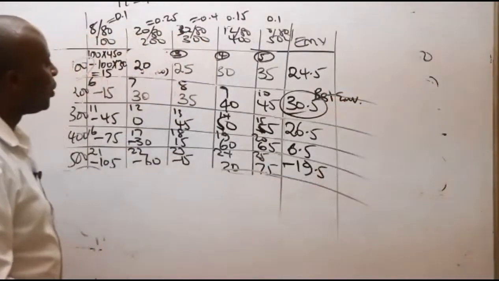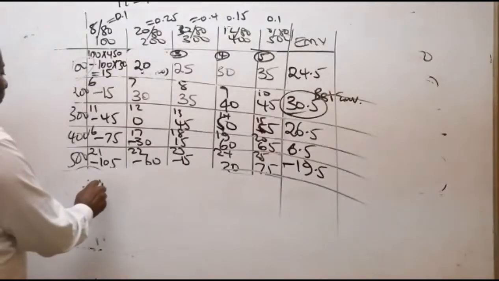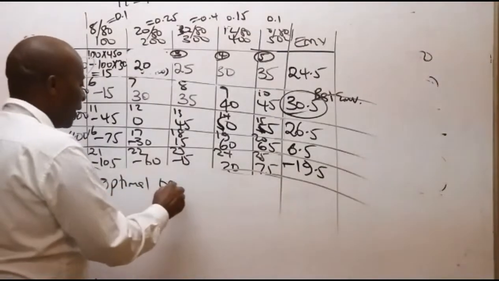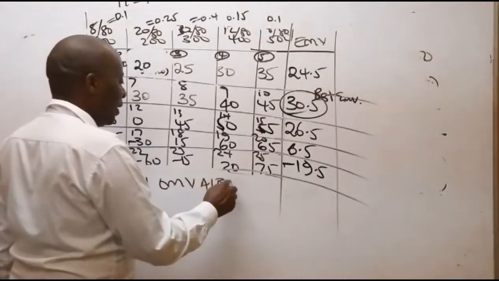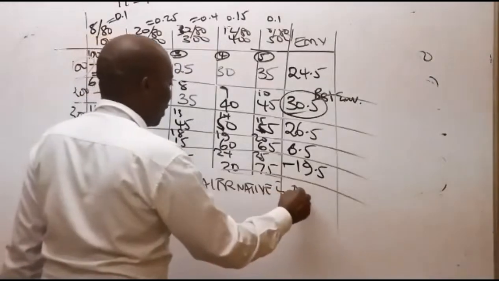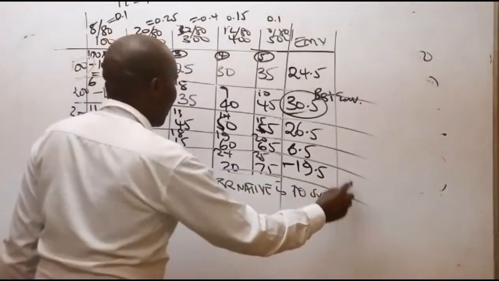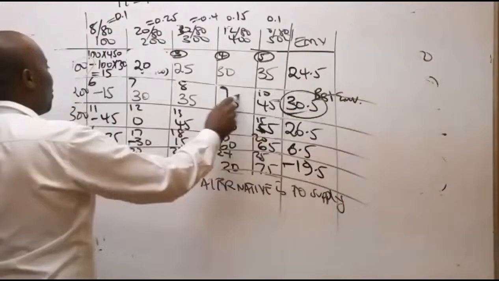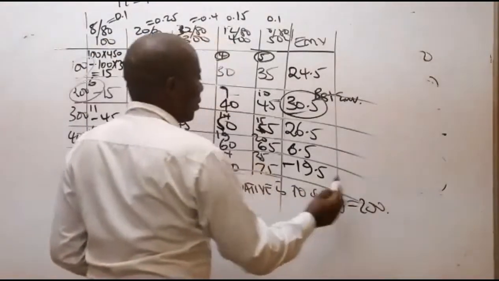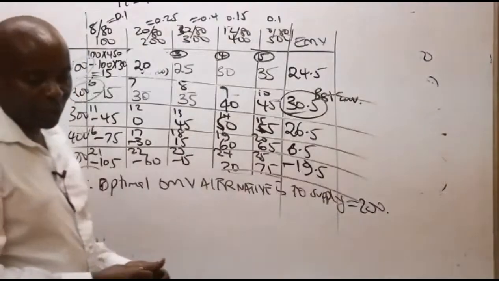Implying that the best or optimal EMV alternative is to supply 200 crits.